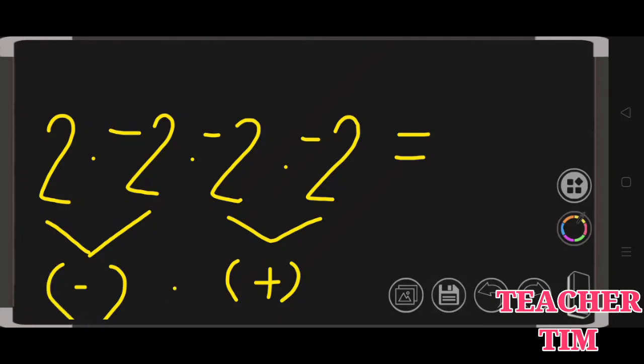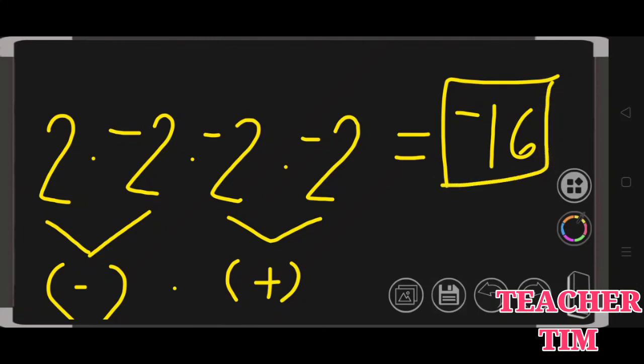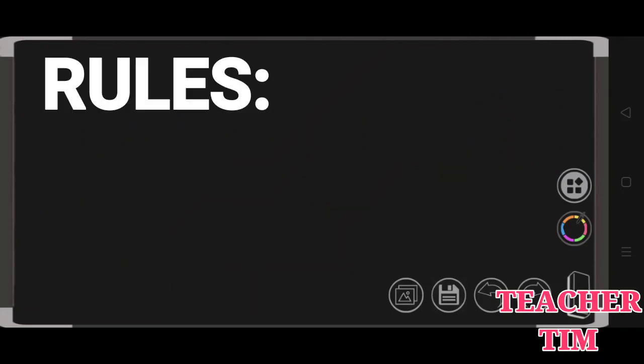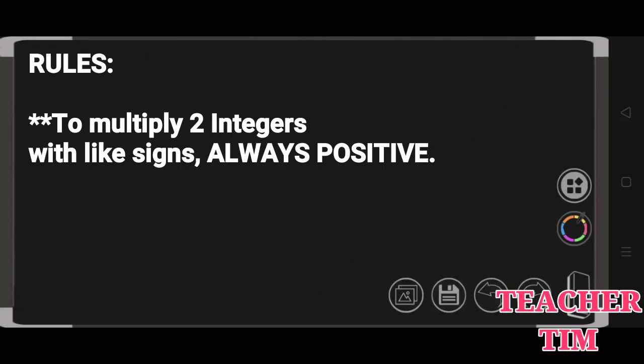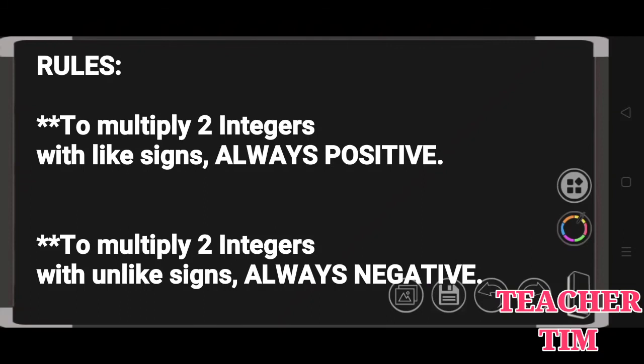So there are 2 opposite signs now, so the result will be negative. So 2 times 2, 4 times 2, 8 times 2, that is equivalent to 16. And our final answer is negative 16. Again, 2 times negative 2 times negative 2 times negative 2 equals negative 16. Our rule in multiplying integers: first, to multiply 2 integers with like signs, always positive, and to multiply 2 integers with unlike signs, always negative.